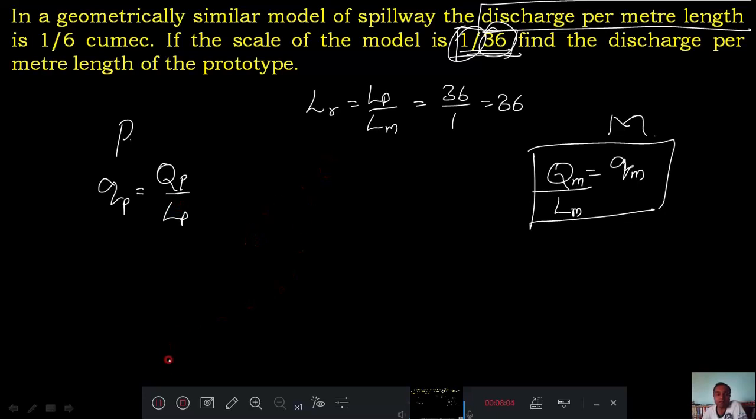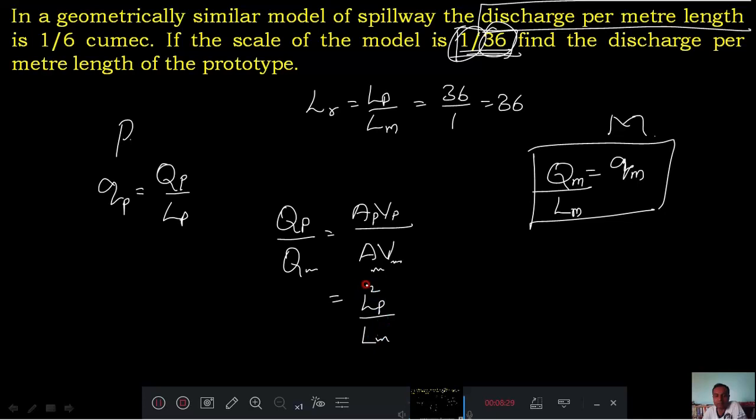Then we want a small qp. Small qp means first you get the capital Qp. How will you get that? Qp by Qm is equal to area into velocity by area into velocity, for prototype and model. What is this area? Area is a length square, so Lp by Lm whole square. Then Vp by Vm.